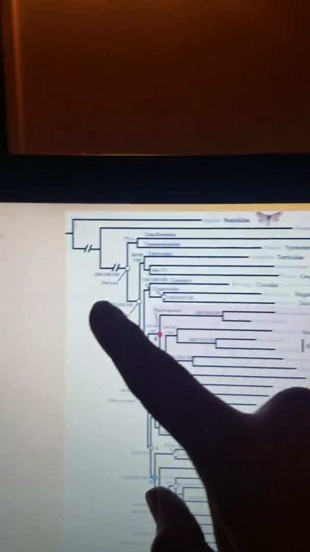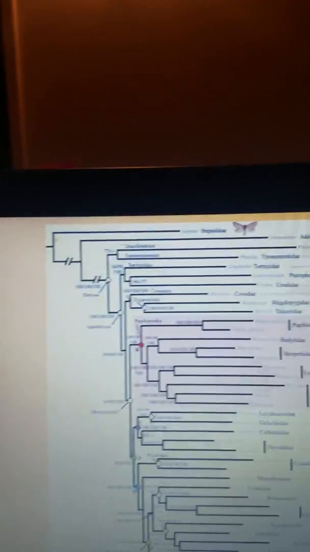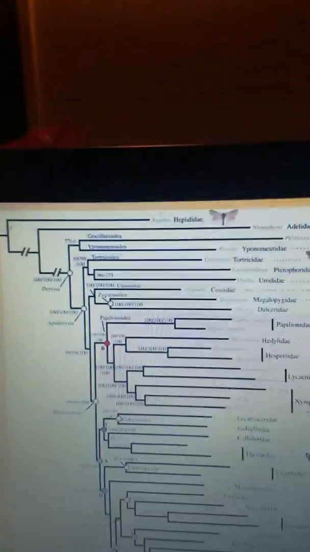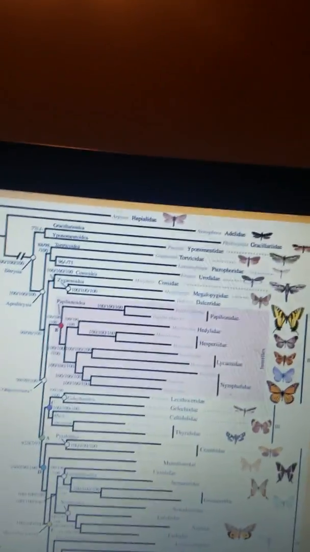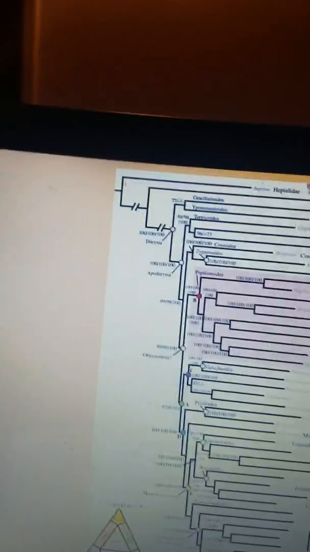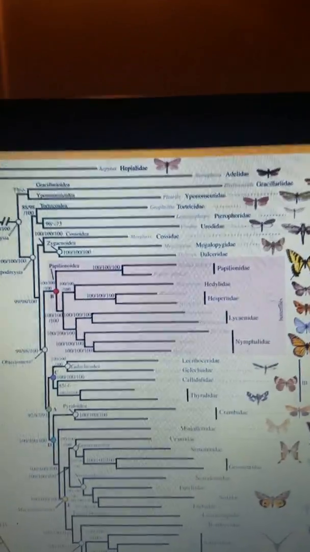This only applies to the Glossata. Technically, when we get into what makes you a Ditrysian versus a non-Ditrysian Lepidopteran, everybody in the other suborders would have the non-Ditrysian feature, but they're not considered non-Ditrysian because you have to be in the suborder Glossata to be considered Ditrysian or non-Ditrysian. And we will get into that in the next video.